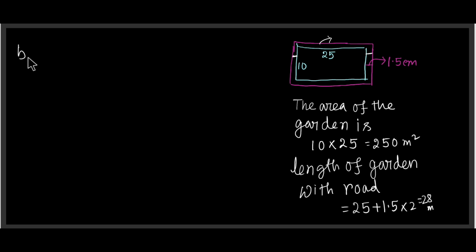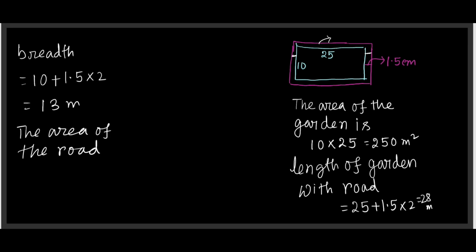Now breadth, the similar way, breadth will be 10 plus 1.5 into 2, and it is 13 meter. So the area of the road is the area of red rectangle minus the area of blue rectangle.